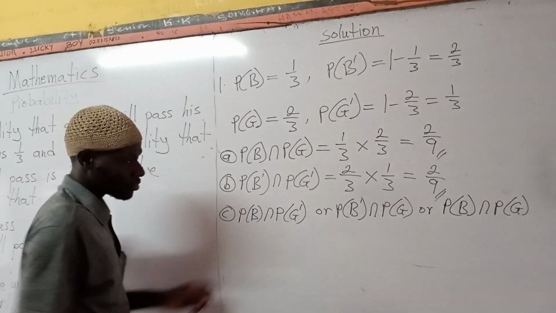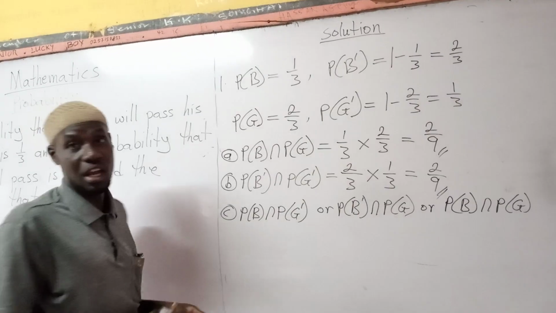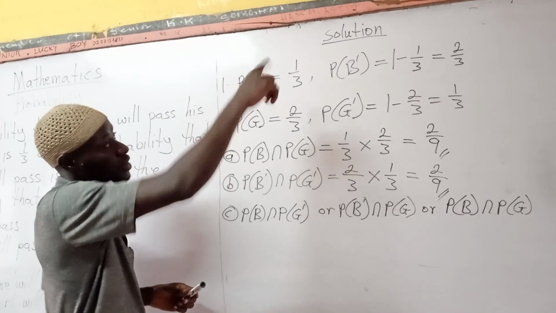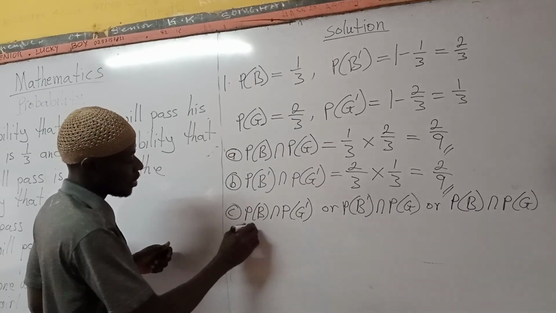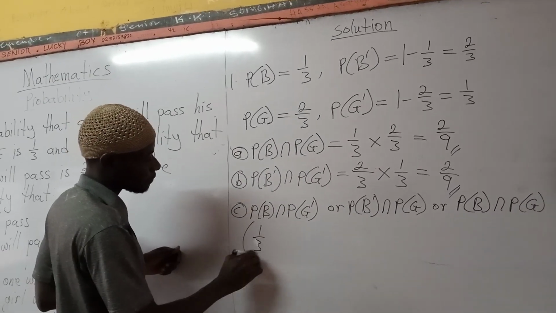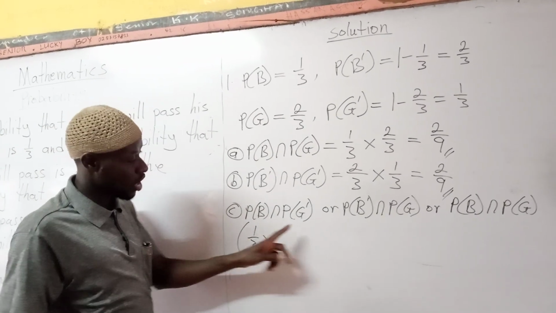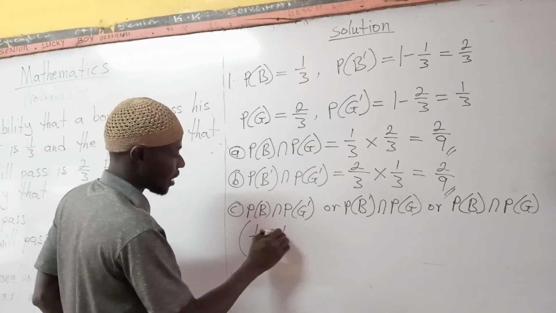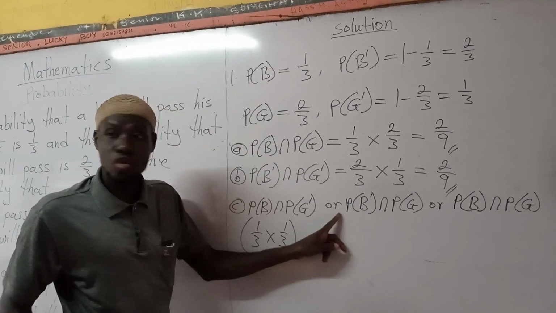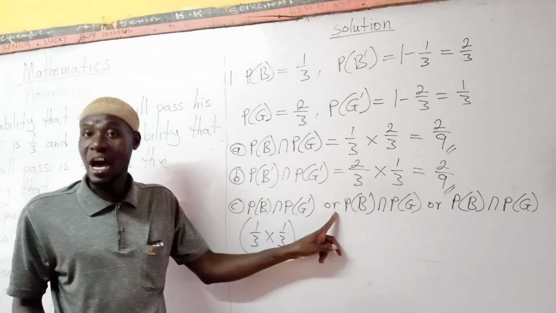And so using the probability of the various events that we have here, we can just substitute them. Probability that the boy will pass is given as 1 divided by 3. And means multiplication. And probability that the girl will not pass is given as 1 divided by 3. Or, don't forget, stands for union, which is addition.